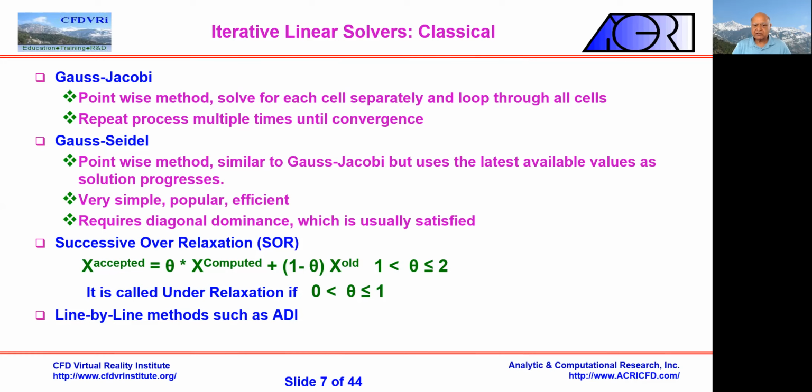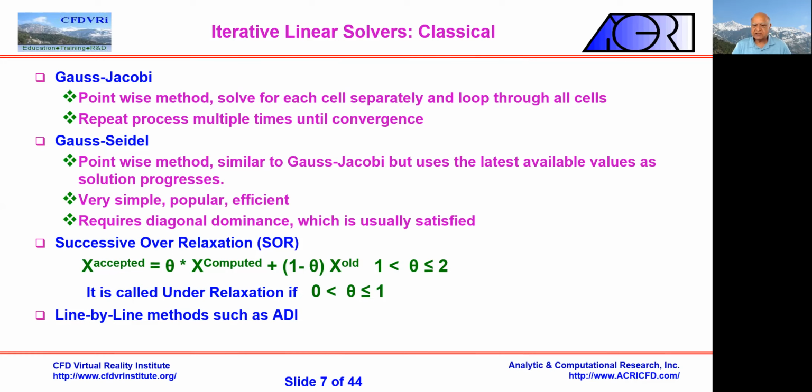Then the next method, which is very popular, is successive over relaxation. It is applied on top of either Gauss-Seidel or Jacobi or any other method. It could be applied even with a direct solver, where you're iterating on that. What it says is that if X is your computed value and X old is the old value, then weight the two, and that becomes your accepted value for the next step.